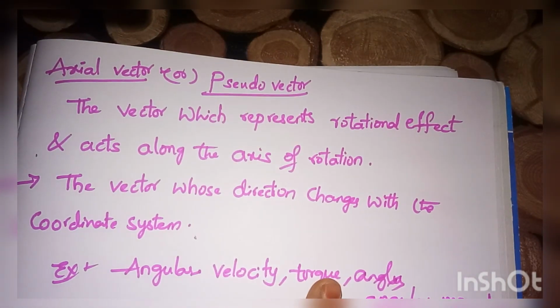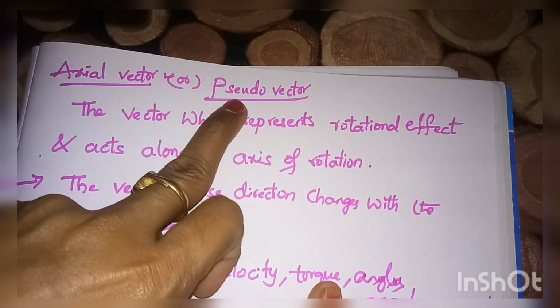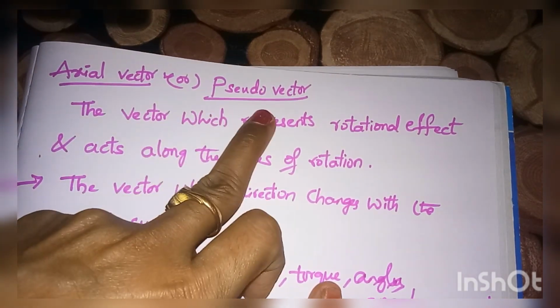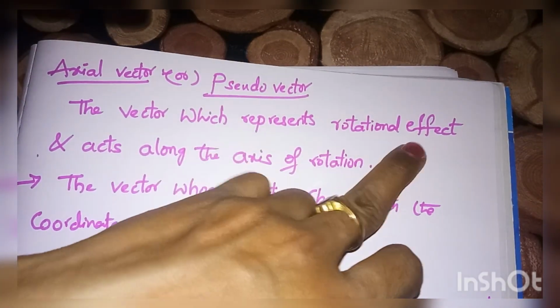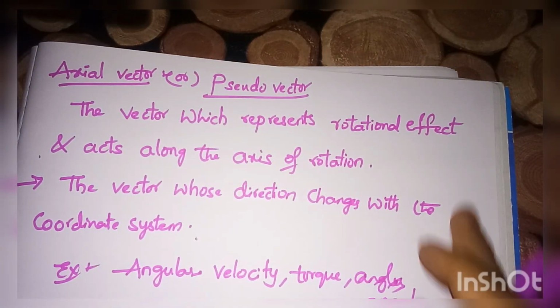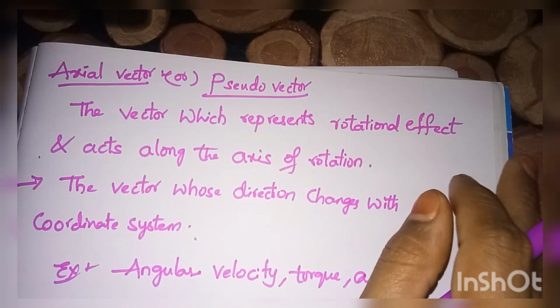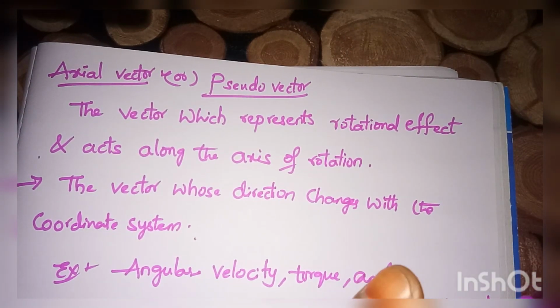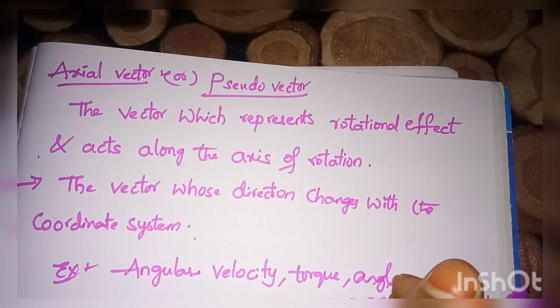The next vector is the axial vector, or pseudo vector. An axial vector represents rotational effect and acts along the axis of rotation. For example, take a top, called bongaram in Telugu.